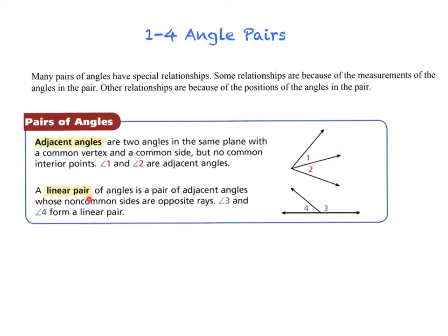A linear pair, bouncing off of the adjacent angles, are two adjacent angles where their non-shared rays form opposite rays, or really just a straight line. So if you see two angles whose non-shared rays form a straight line, that is called a linear pair, which makes sense. It's a pair that creates a line.